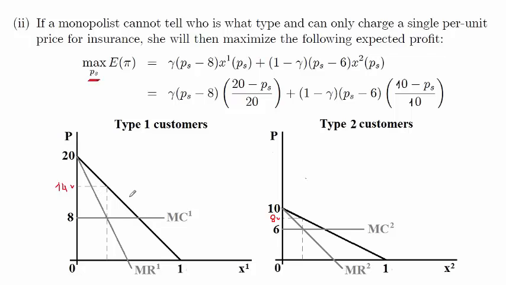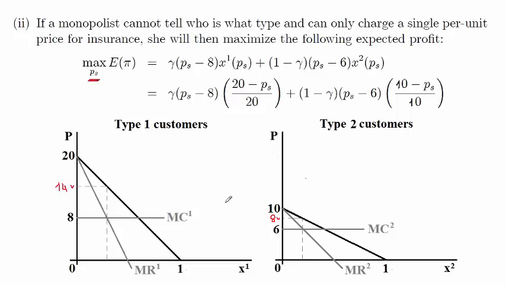And if gamma is very low, it will be closer to 8. That would mean that there are more type 2 customers, and so I put more weight on type 2 customers' profit. And that's why it depends on gamma.